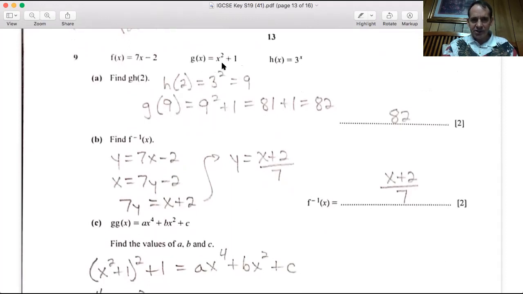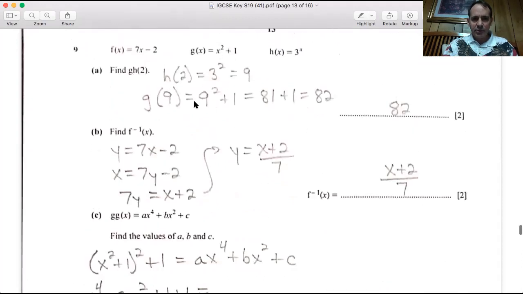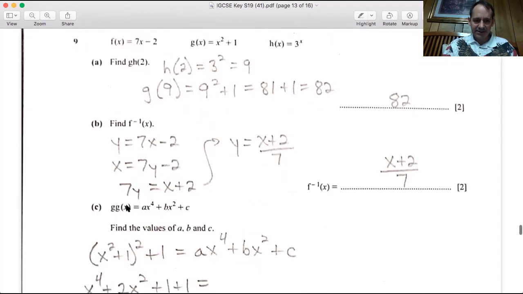And when we put our g of x back into g, now we have x squared plus 1 into the x gives us x squared plus 1 squared, and then plus 1 again. So the g of x is being put back into the g function again.